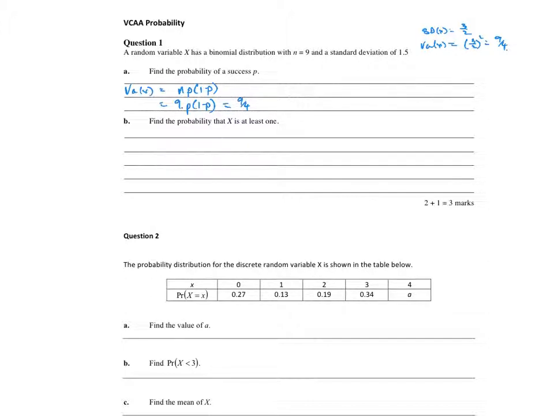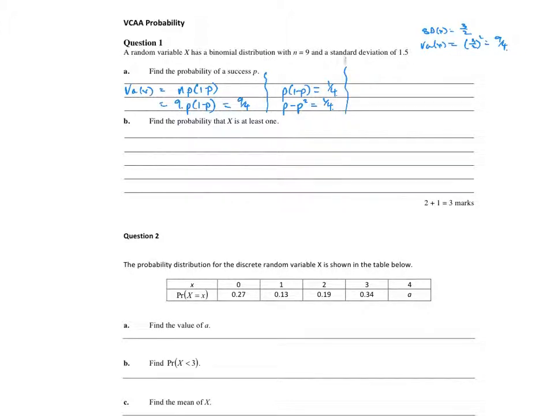So if I divide both sides by 9, I'm going to get p times (1 minus p) is equal to 1 quarter. So p minus p squared equals 1 on 4. So multiply everything by 4 and group.